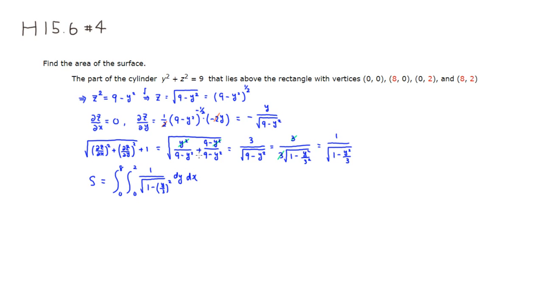This one is separable, so we separate it into the integral from 0 to 8 of dx, multiplied by the integral from 0 to 2 of 1 over the square root of 1 minus (y over 3) squared with respect to y.